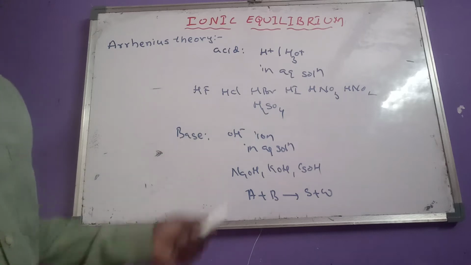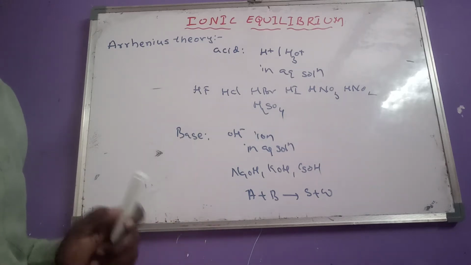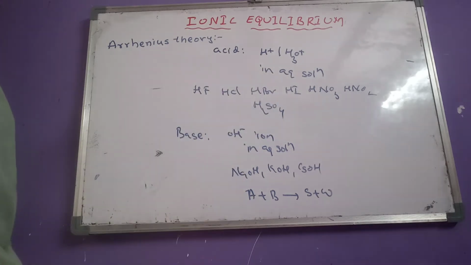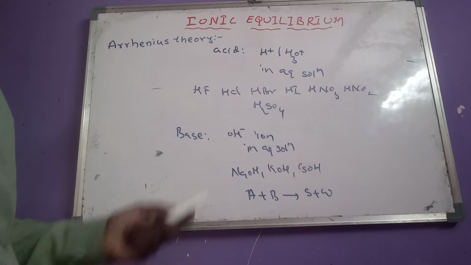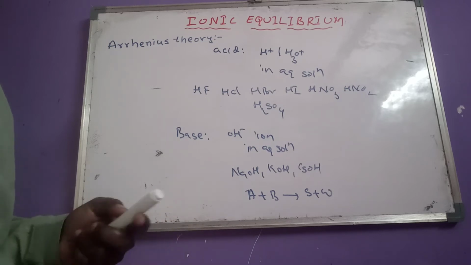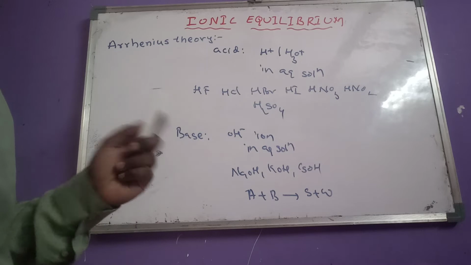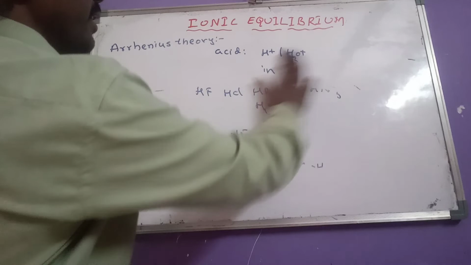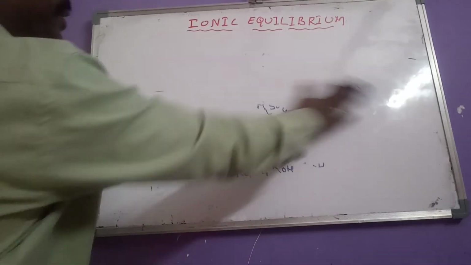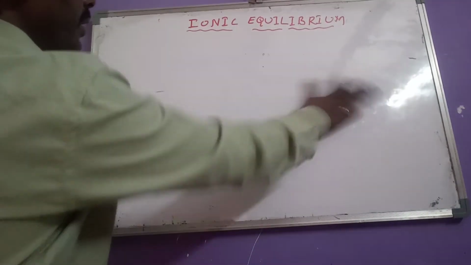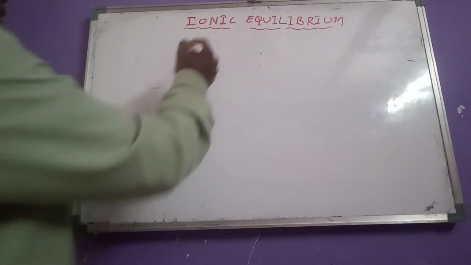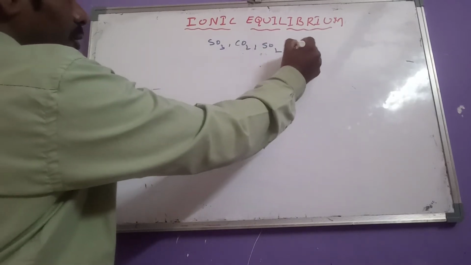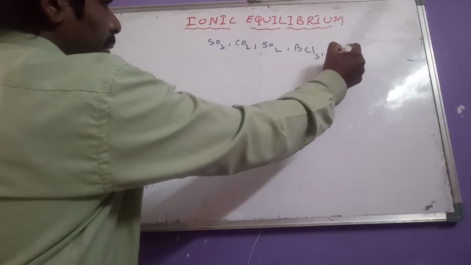But many defects are there in this theory. First, this theory is applicable to aqueous solutions only, and it could not explain the acidic nature of HCl in vapor phase. It could not explain the acidic nature of SO3, CO2, SO2, etc., and also BCl3, BBr3.